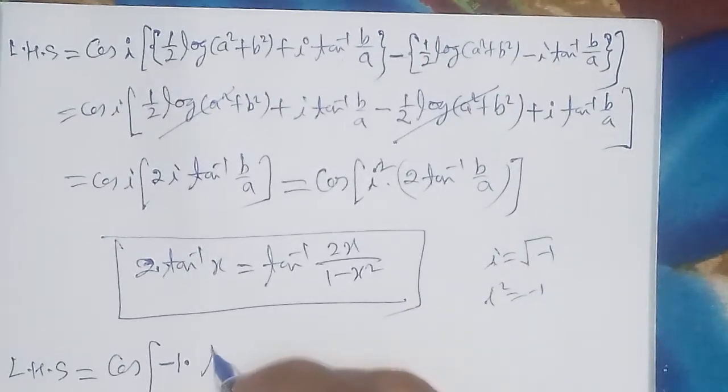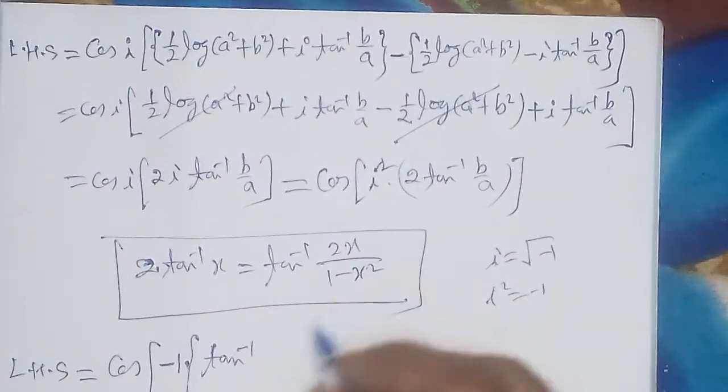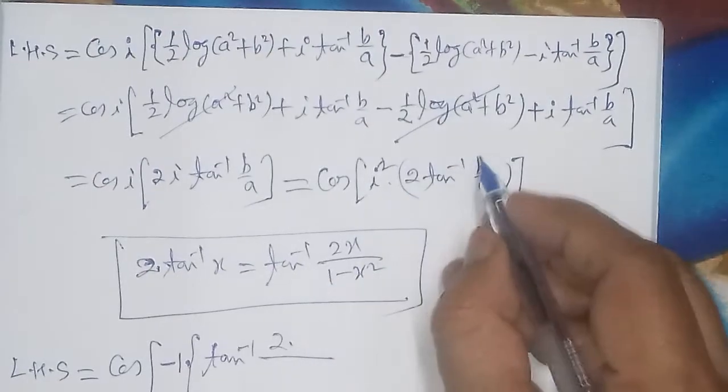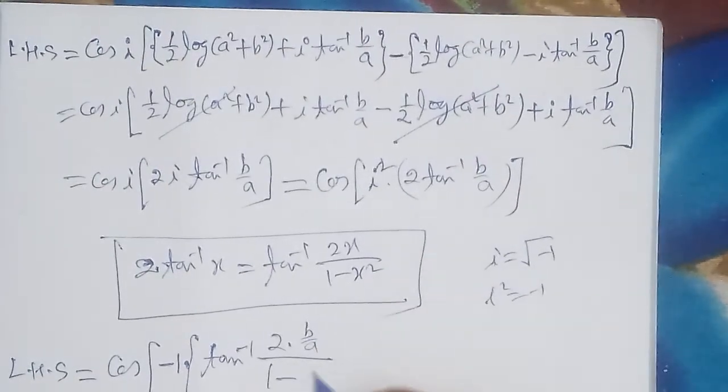We get tan inverse of 2x, meaning 2 times b upon a, upon 1 minus x², meaning (b upon a) whole squared.